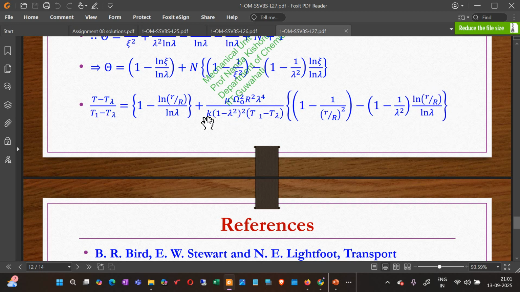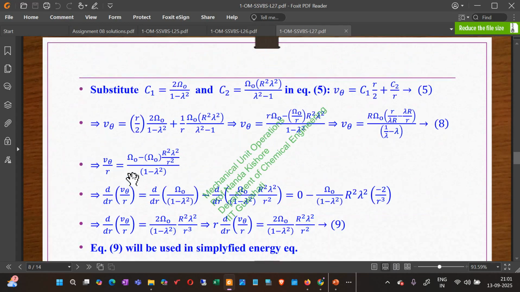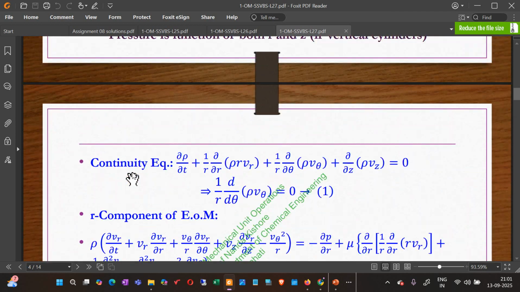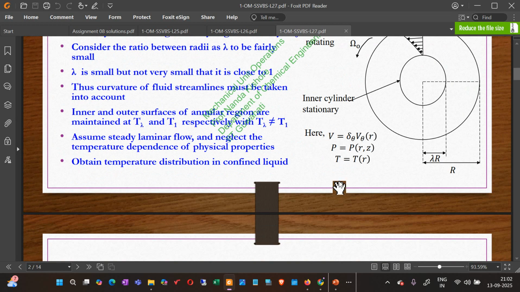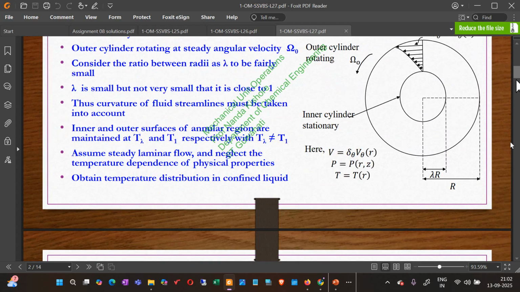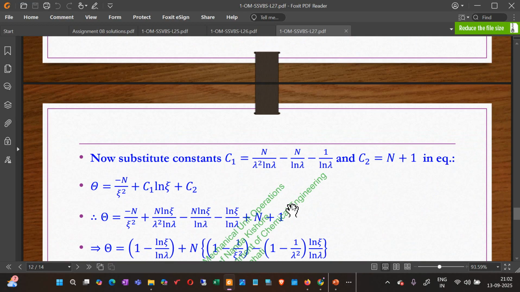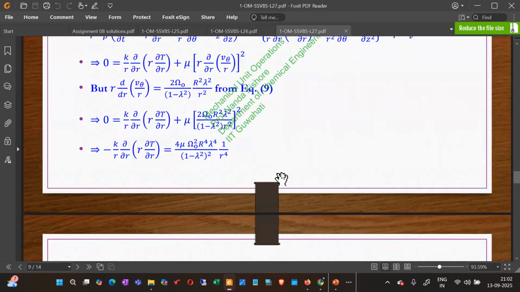This is anyway the location, but the curvature came into the picture, and that's why, if the ratio lambda is not very small but close to 1, then you can see this kind of profile. You may get questions based on this particular equation, which we have not solved in this lecture, but a similar problem we have solved. So please go through these lectures carefully.